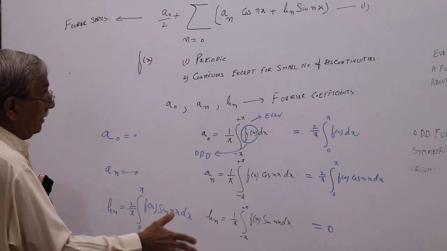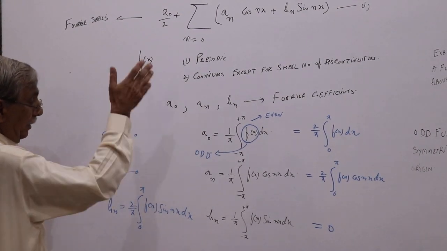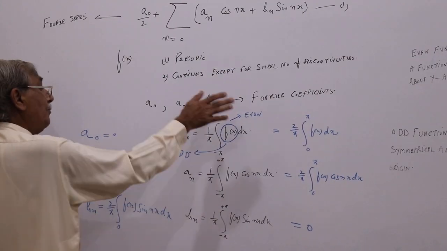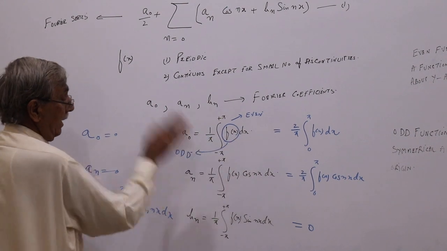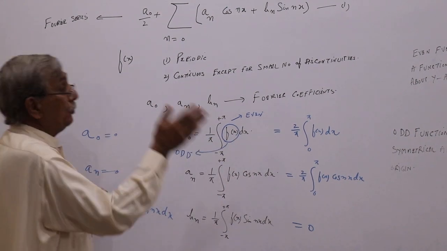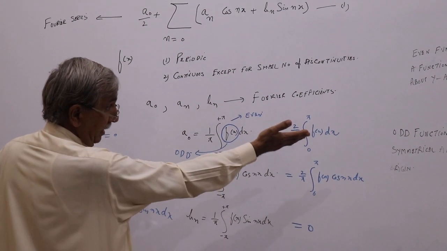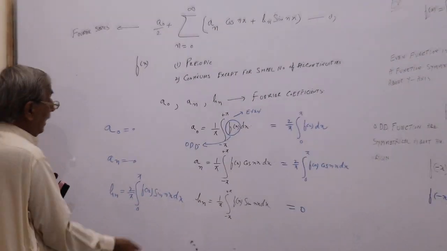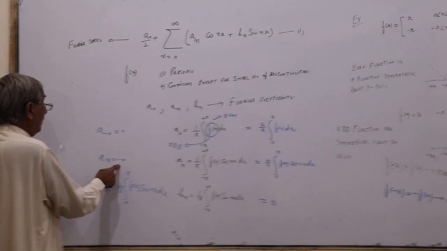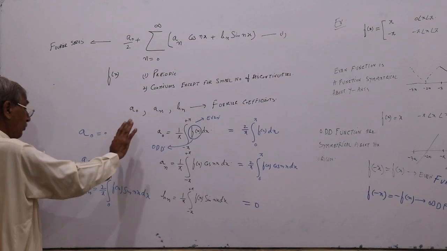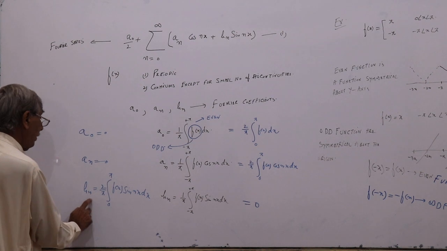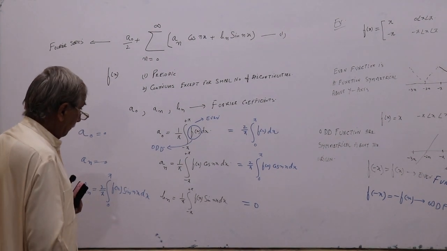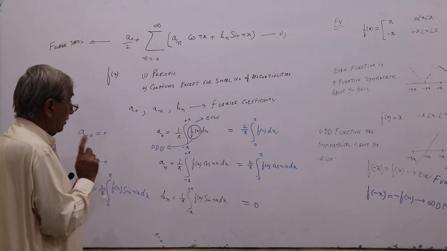Once you have decided it is even, then you don't have to calculate bn, this is 0, and you have to calculate only a naught and an. But if you plot the graph and it comes like that one, that is, it is an odd function, then its two coefficients a naught and an are 0. You don't have to calculate them. You just calculate bn. Okay?